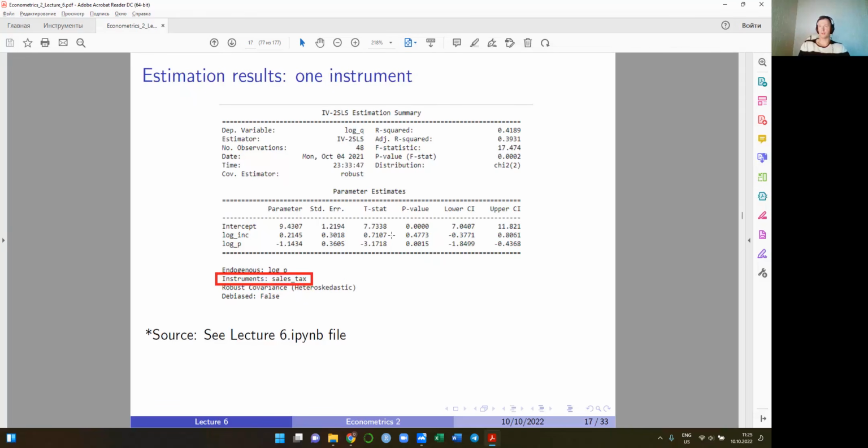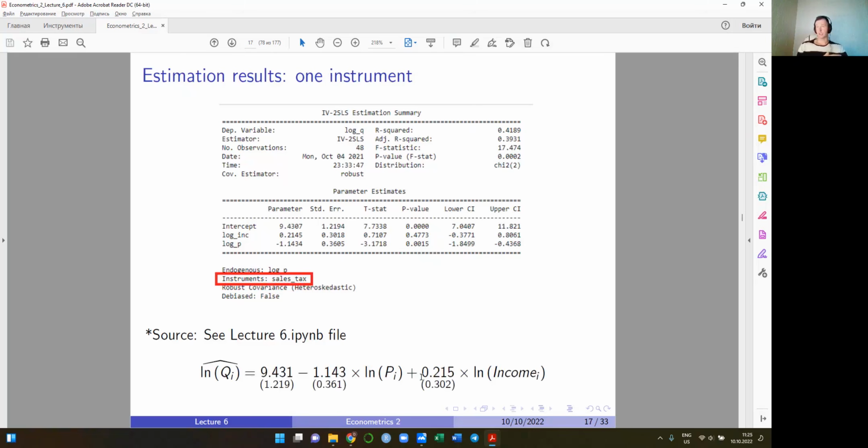Poor people, rich people, they can smoke the same quantity. If your income increases, you probably don't smoke more or less. This is a reasonable finding, and still log price has a positive result.